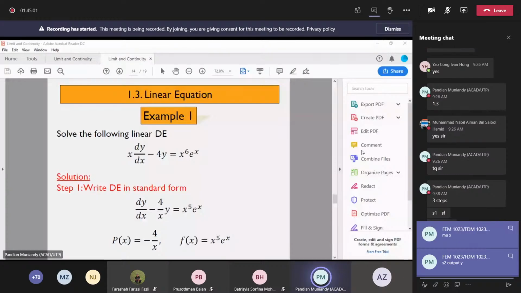You must remember the output y equals 1 over mu(x), integral of mu(x) f(x) dx.